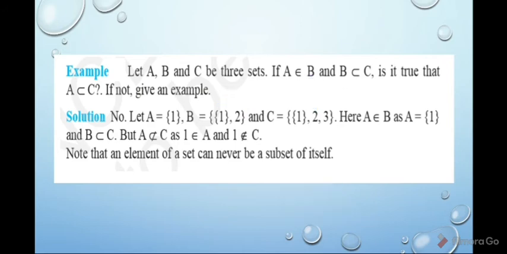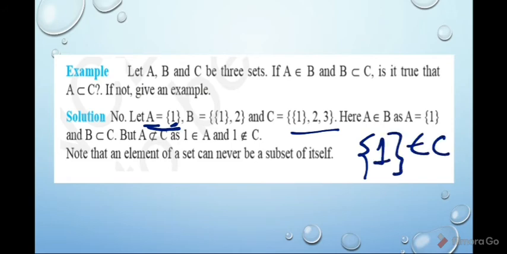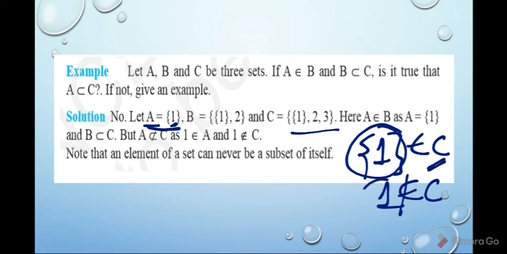So these 3 sets satisfy these 2 conditions. But if you look at the A set and C set, 1 is the element of A set, but 1 is not an element of C set. Singleton set {1} is an element of C set, but 1 is not an element of C. This set is an element of C; this single digit is not.